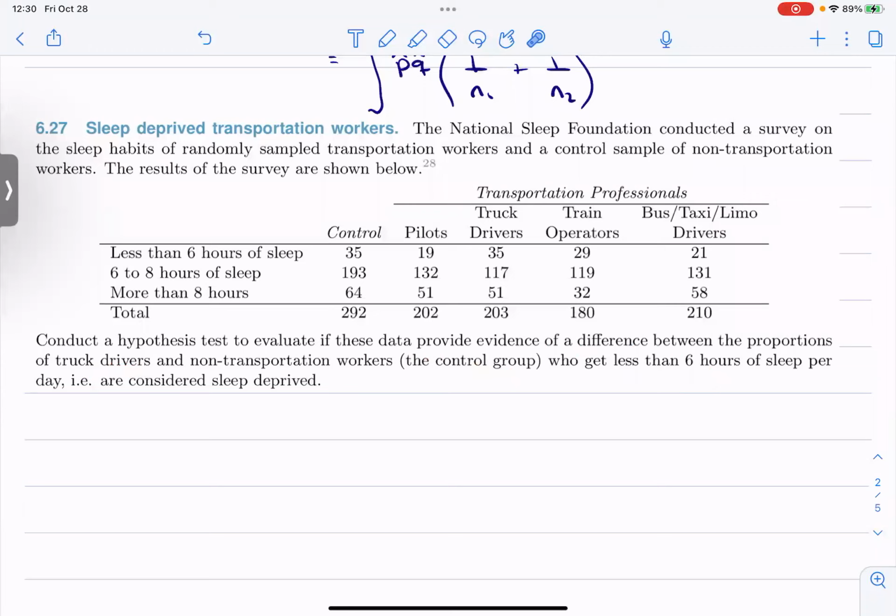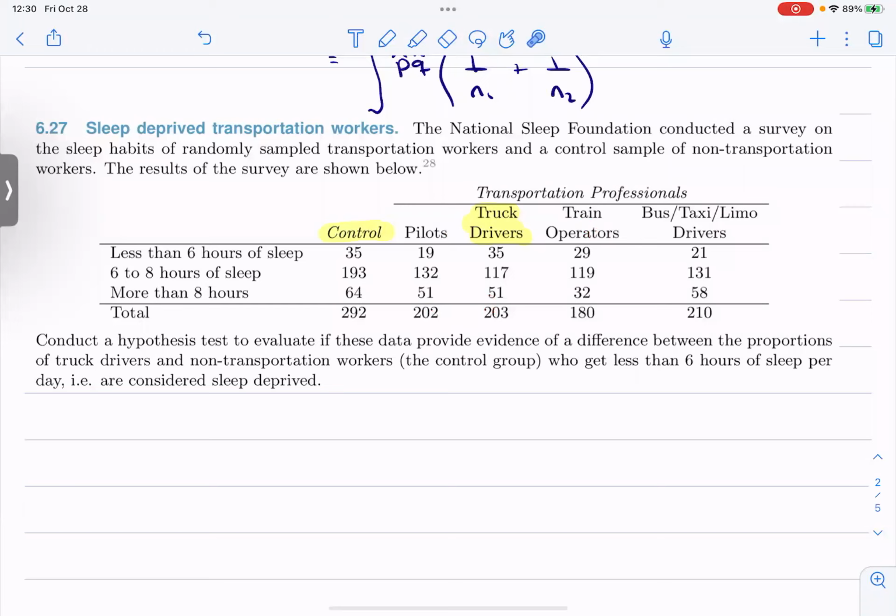Okay, so out of all this information here, right, we're going to focus on the truck drivers and the control group. Of course, the question could have been about pilots and train operators, right? Who get more than 8 hours of sleep, right? Could be a different category even.